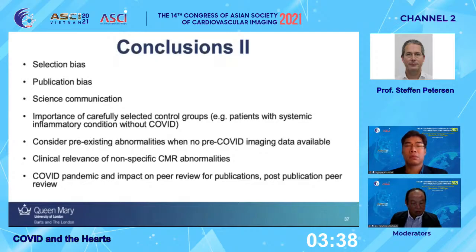And I think this shift will not go back to normal to prior the pandemic. I think that's probably a good development, having options of post-publication peer review.